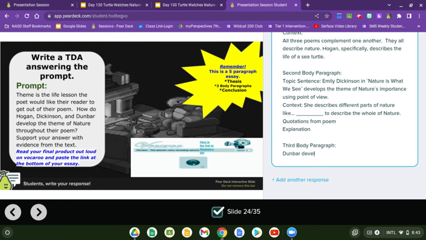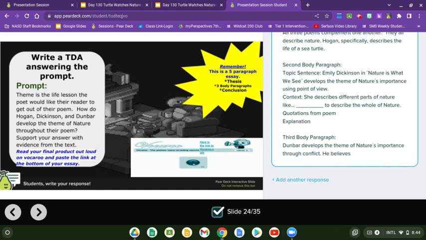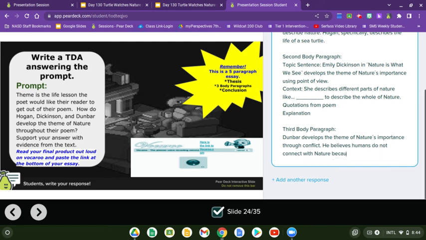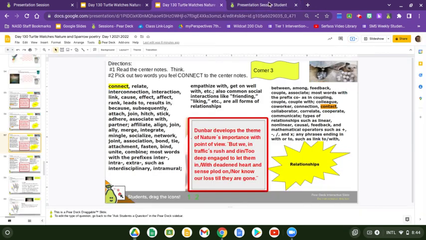Dunbar develops the theme of nature's importance through conflict. He believes humans do not connect with nature because dot dot dot, and you can go back to the poem for that one if you like, right?